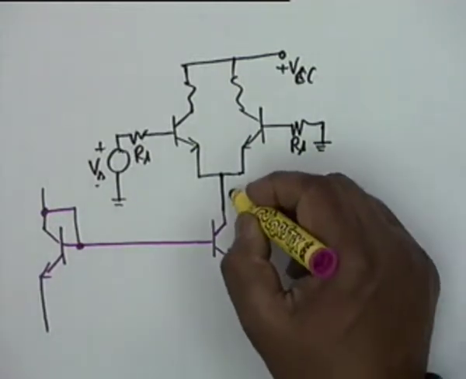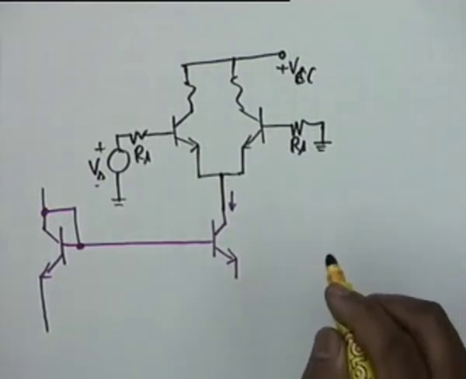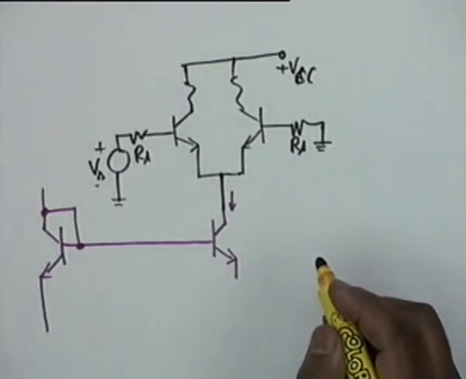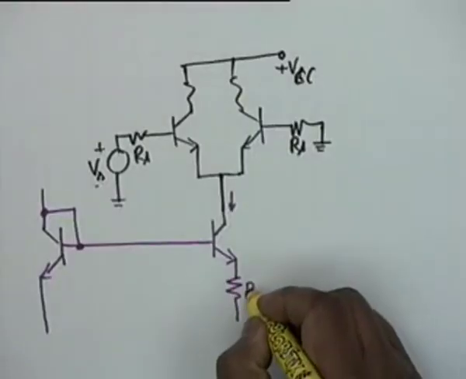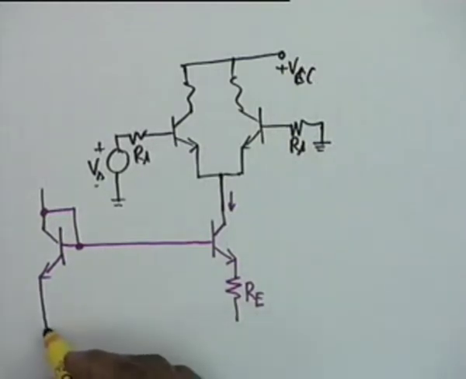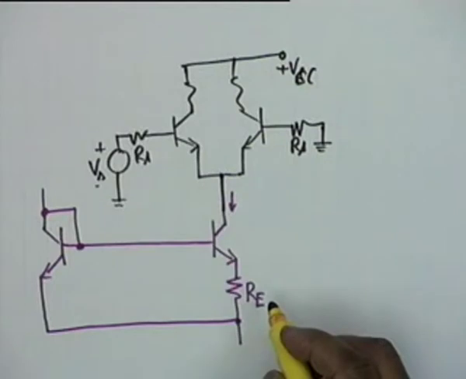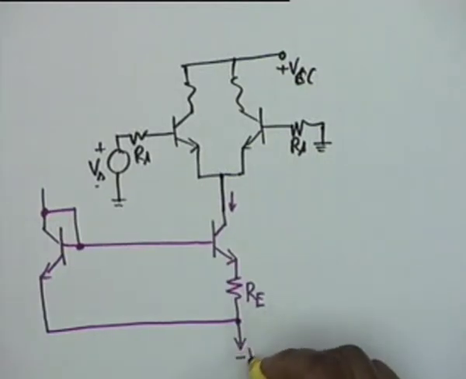But the current that we want here, we want to control this current, and therefore we use, instead of a simple current source, what? Widlar current source. So we include a resistance here, connect these two, and this goes to either ground or to minus VEE.